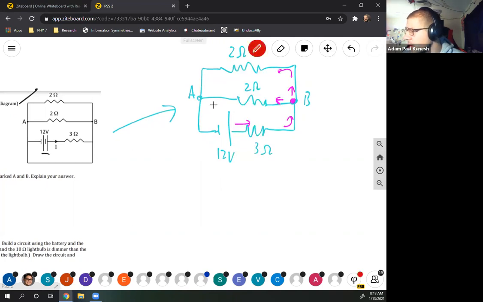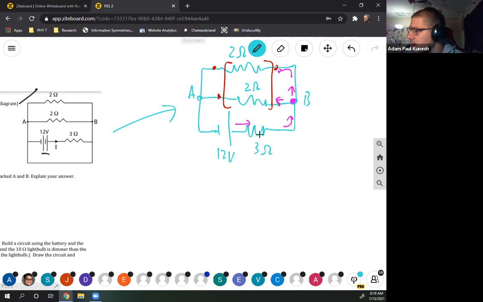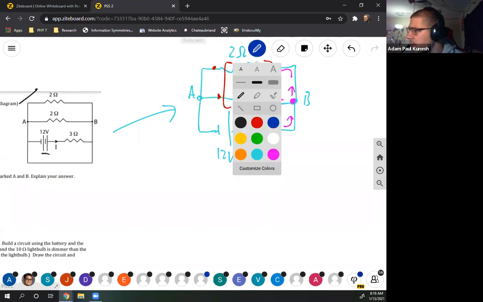For example, these 2 resistors up here are in parallel. Their tails, their sides that are taking in the current, are connected to one another. So these 2 are in parallel. I would say also that this resistor here is in series with the other 2.